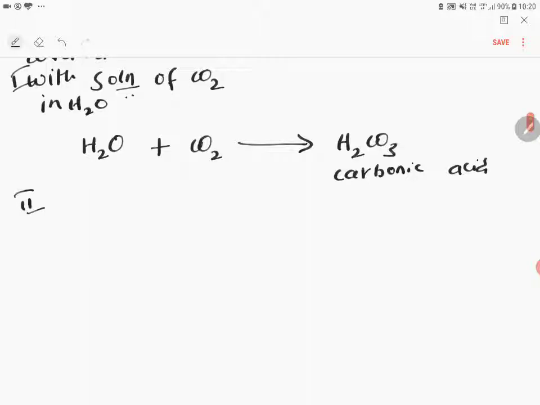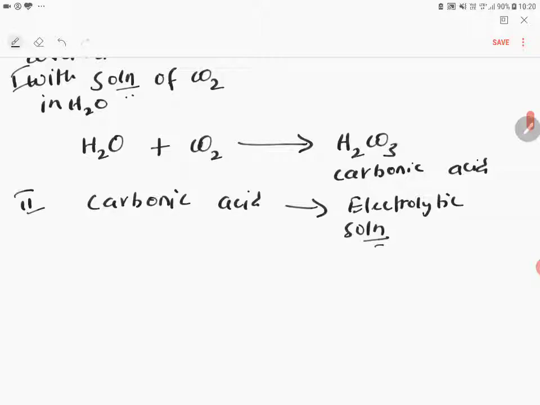Step 2. This carbonic acid acts as an electrolytic solution for this electrochemical cell.